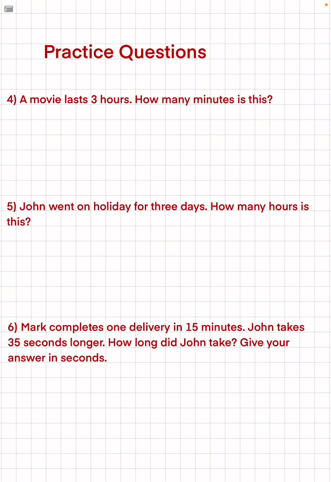Here are some more practice questions for you to try. Press pause and have a go at them, and when you're ready for the answers, press play. The first question says a movie lasts 3 hours. How many minutes is this? We know 1 hour equals 60 minutes.